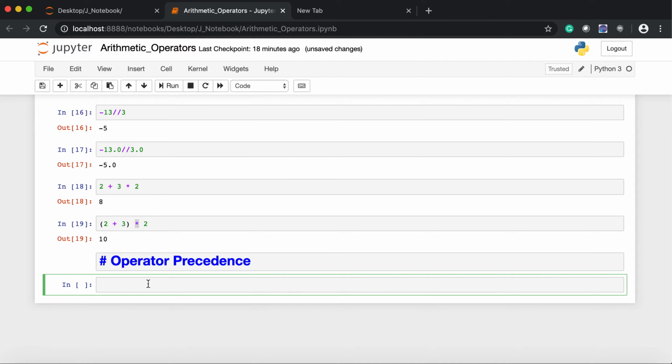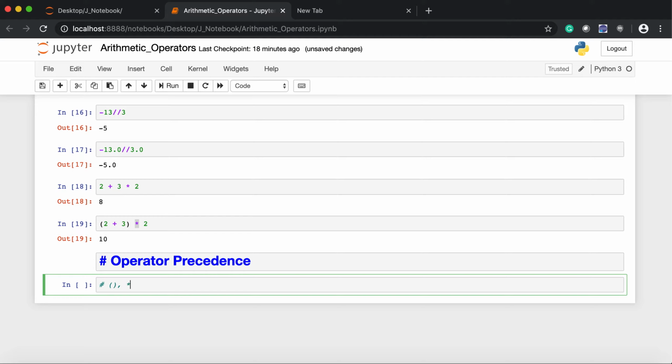Okay, now I will check the new. So this is very simple. If we know the sequence of this precedence, it's very simple to identify what will be the result of this kind of statement or expression. So the first in the sequence is this symbol, the bracket. If we have any expression and this symbol is available there, first this is going to be executed by the Python interpreter.